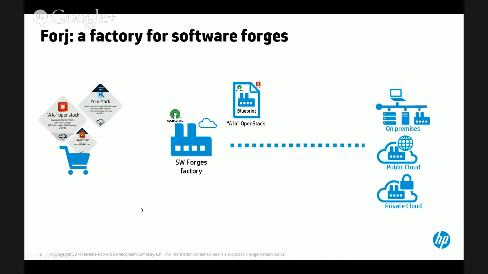Yes, thank you. So I just mentioned that this was the flow, and this is how things were working, and very easily in a few words, that's basically what Forj provides. Maybe to summarize, and I think Raphael mentioned it very clearly, Forj is really a factory for software forges.